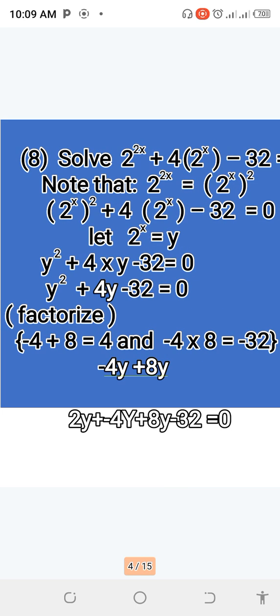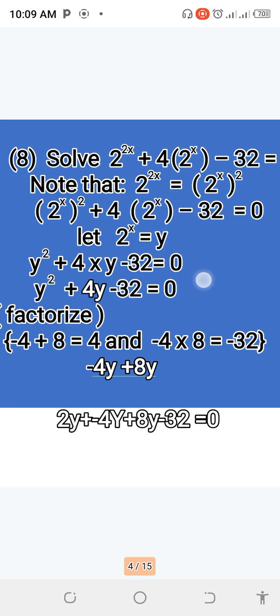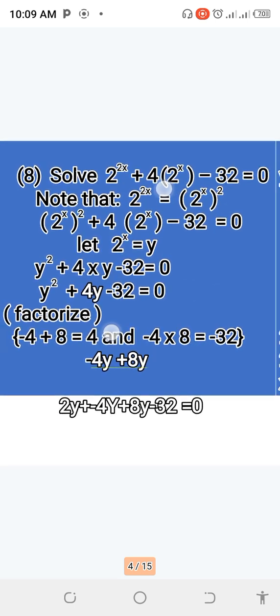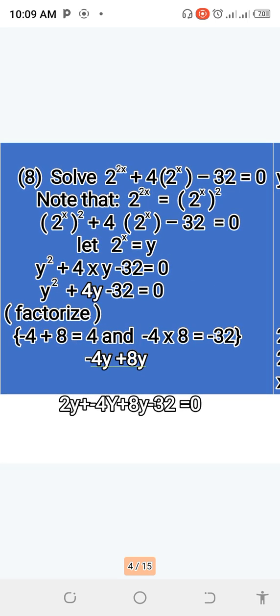Let's take another one. Now this question says solve 2 exponent 2x plus 4 into 2 exponent x minus 32 is equal to 0.